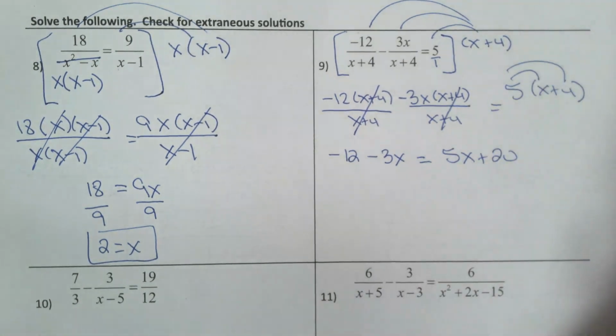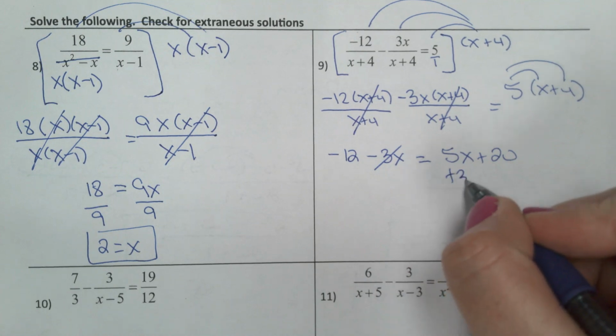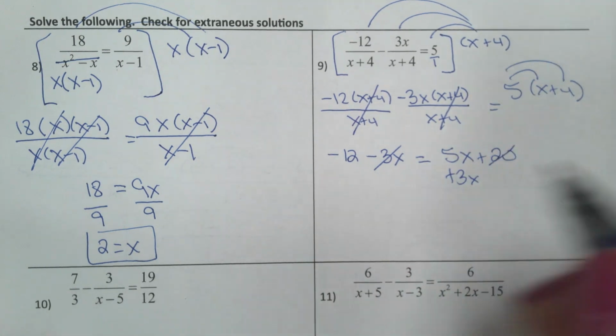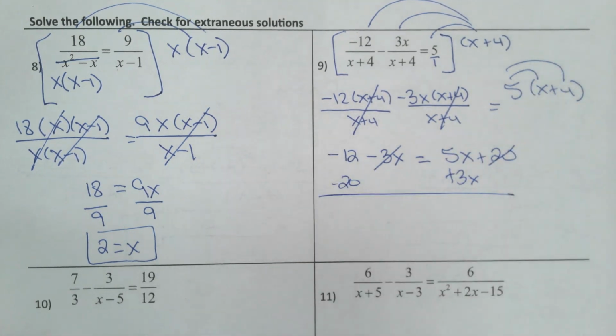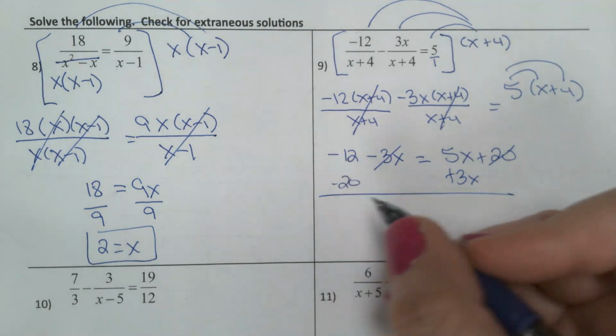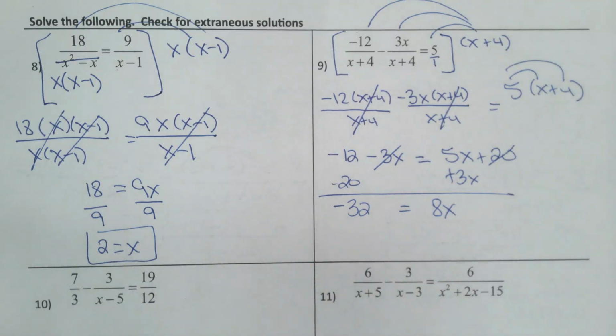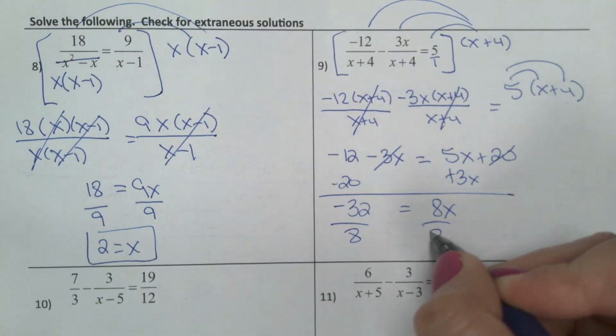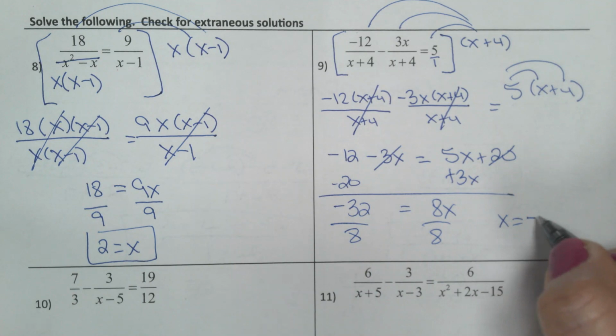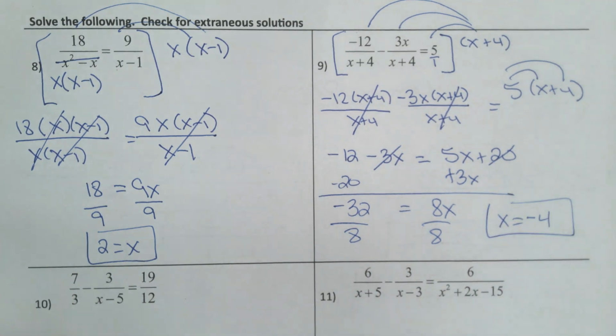Now do algebra and solve for x. So I would add 3x to both sides, subtract your 20 over. This adds up to negative 32. That adds up to 8x. Divide both sides by 8. And you get x equals negative 4 for a good answer there.